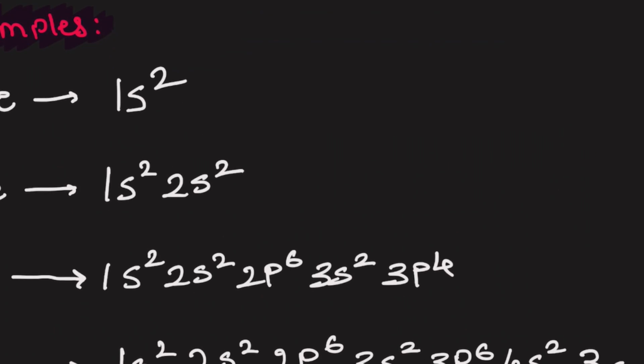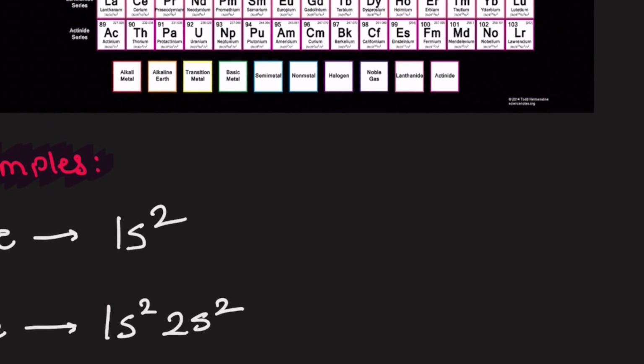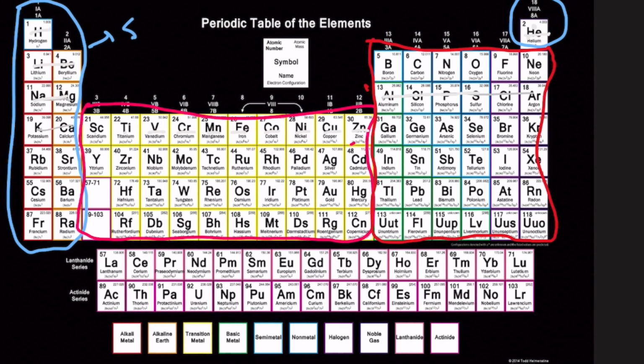So it would be 3d10. So the electronic configuration for zinc would be 1s2, 2s2, 2p6, 3s2, 3p6, 4s2, and then 3d10.